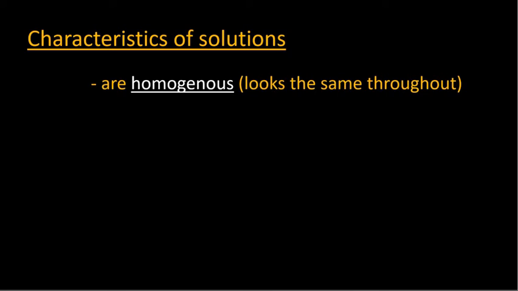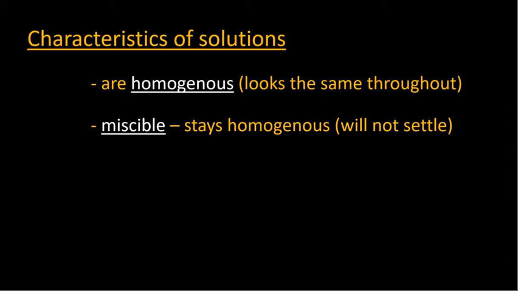The next characteristic, the term you might not know, is it is miscible. Miscible. In other words, it stays homogeneous. And by the way, it can be homogeneous or homogeneous, it doesn't really matter. That means it's not going to settle out. If you think about things like oil and water, or vinegar and water, if you mix them together, they eventually separate out.